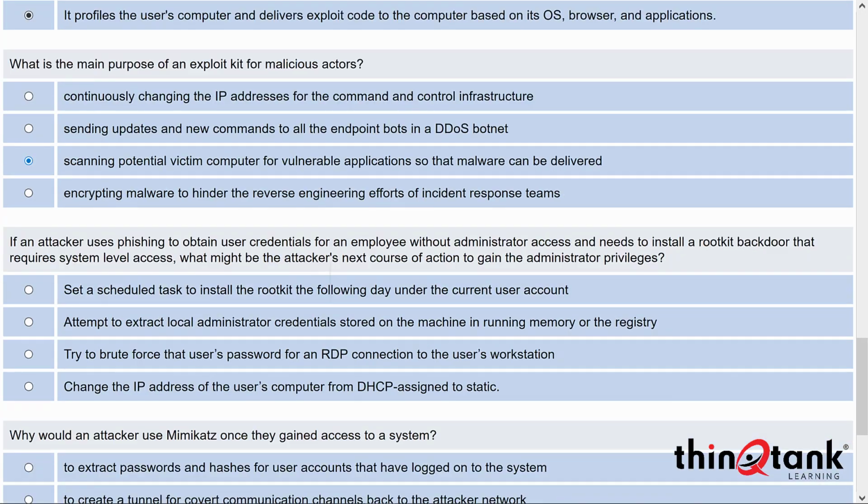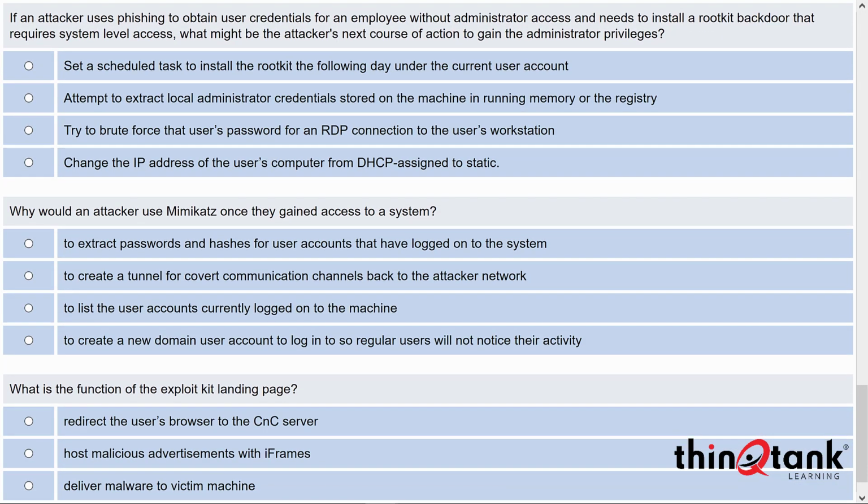If an attacker uses phishing to obtain user credentials for an employee without administrative access and needs to install a rootkit backdoor that requires system-level access, what might be the attacker's next course of action to gain administrative privileges? Set a scheduled task to install the rootkit the following day under the current user account.